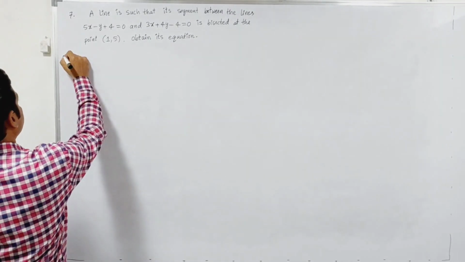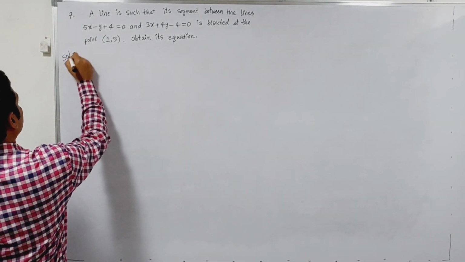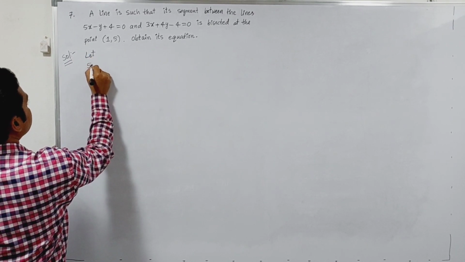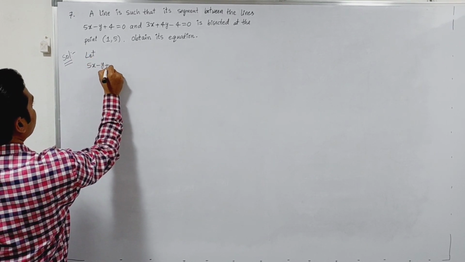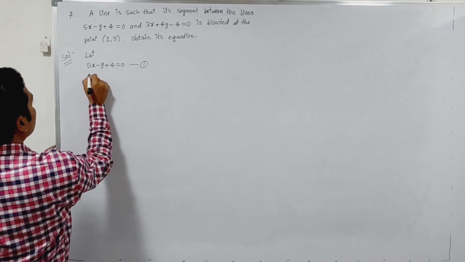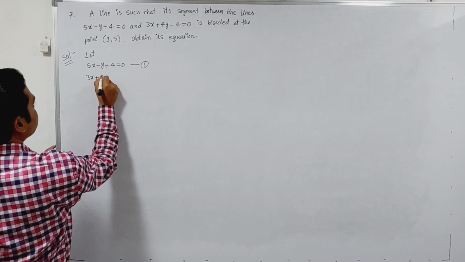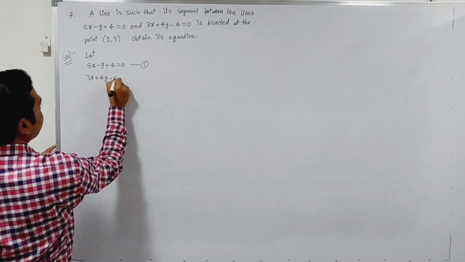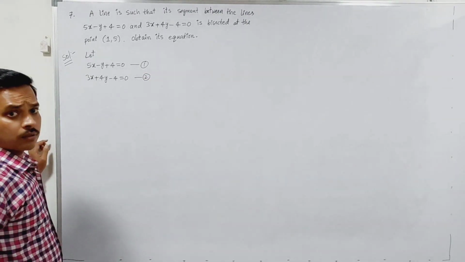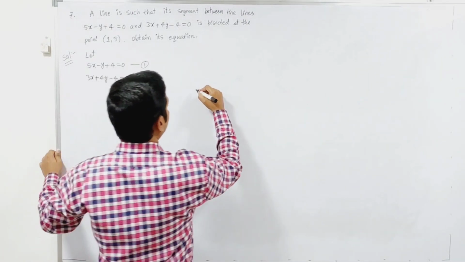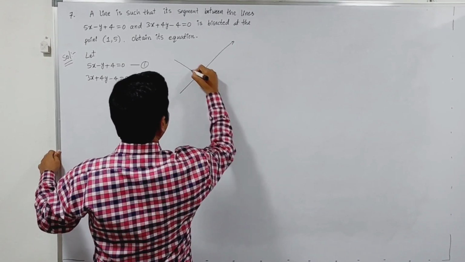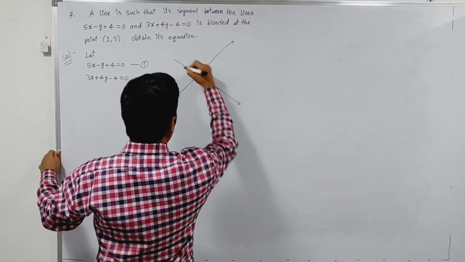Now solution of this problem. Let 5x minus y plus 4 equal to 0 be equation 1, and 3x plus 4y minus 4 equal to 0 be the second equation. This is the first line and this is the second given line.